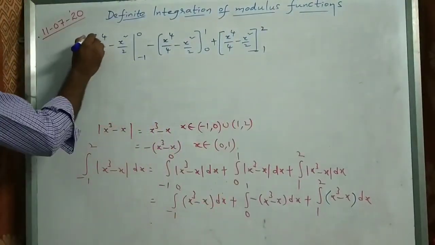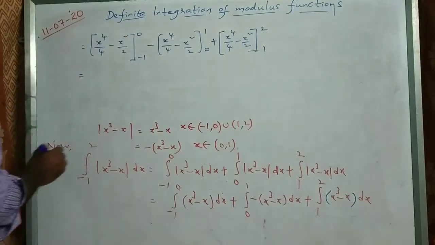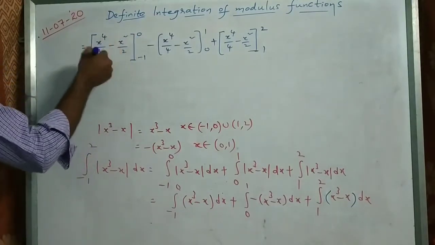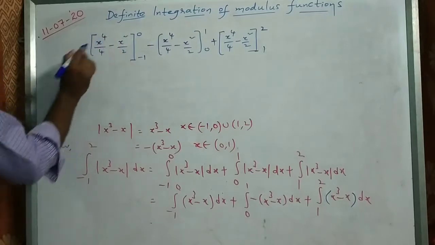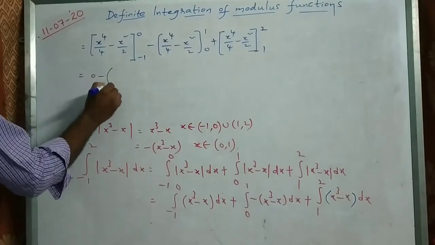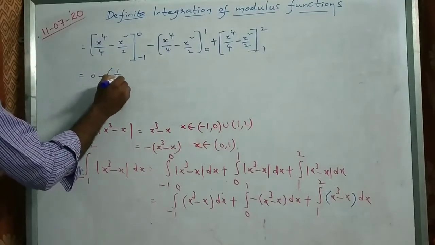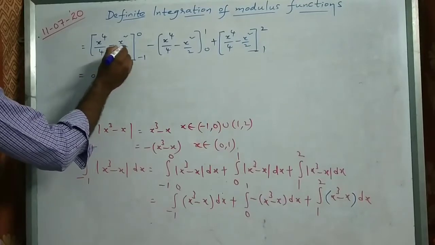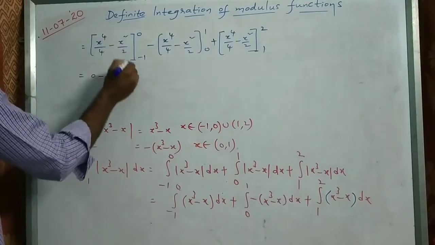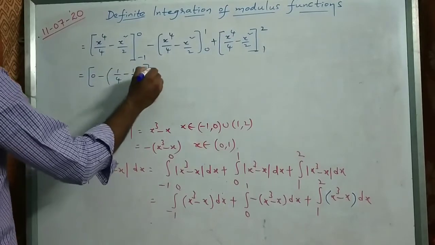Now simplify carefully. If I put 0 here, we will get 0 completely. So minus 1 you can keep directly. So 0 minus of, if I put minus 1 here, 1 upon 4 minus 1 upon 2. This is the first one.